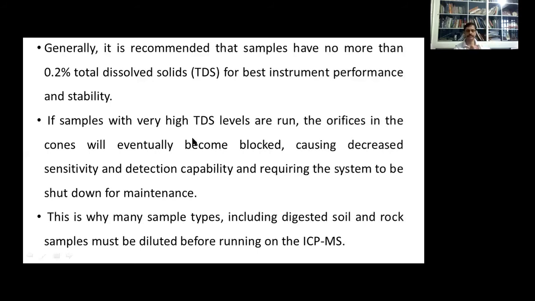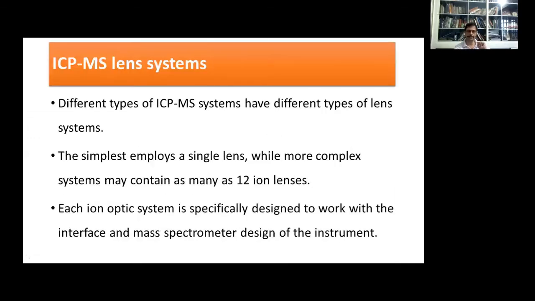Due to this, sensitivity will decrease and detection capability will reduce, and this requires the system to be shut down for maintenance. So this is why many sample types, say soil or rock samples that are digested and used, must be diluted sufficiently before running on the ICP-MS. So this is something that we have to keep in mind.